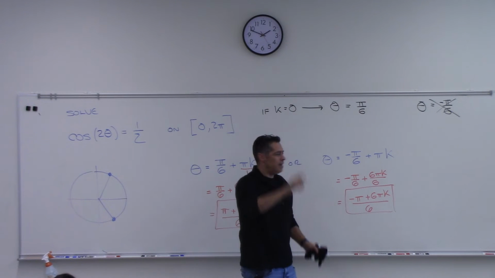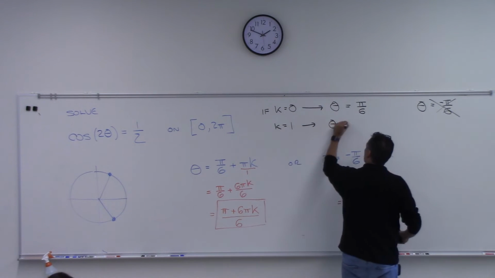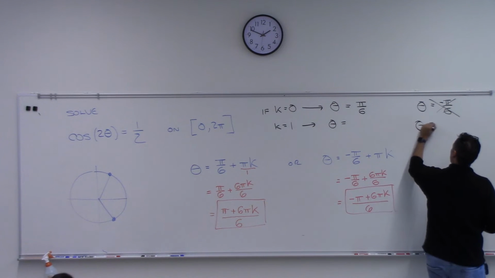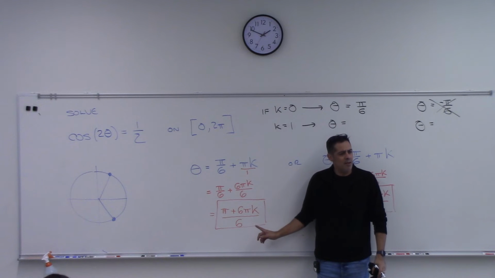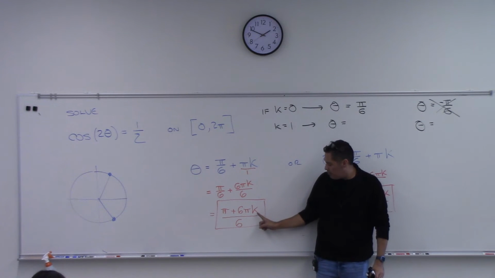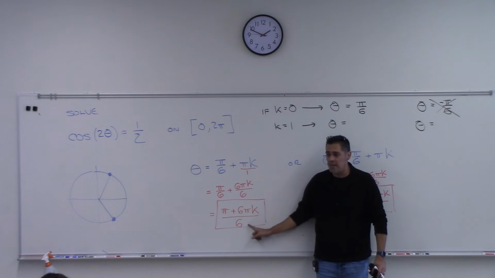Now I let k be 1. If k is 1, I get what and what. So if I plug in 1, do y'all see why I got a common denominator? Do y'all see why I did that yet? If I plug in 1 here, what do I get? How many pi's? 7 pi on top over 6. You're done, right?